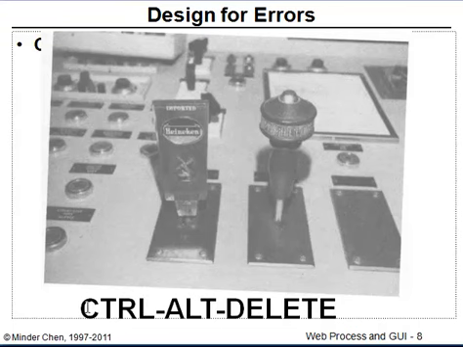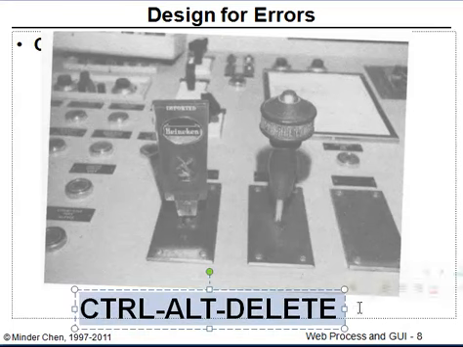It's like on your computer, you may need to hit the Control Alt Delete buttons all three at a time in order to shut down your computer, and it still asks you to confirm whether you want to shut down your computer. So this is actually trying to prevent some human error.